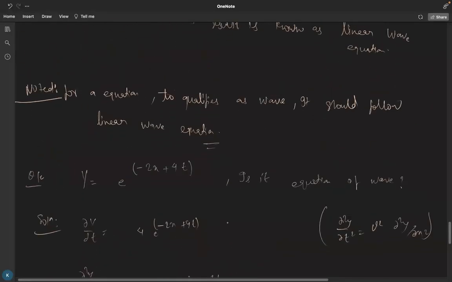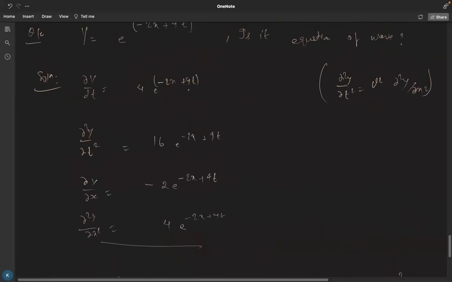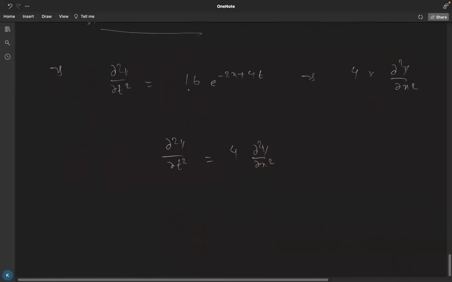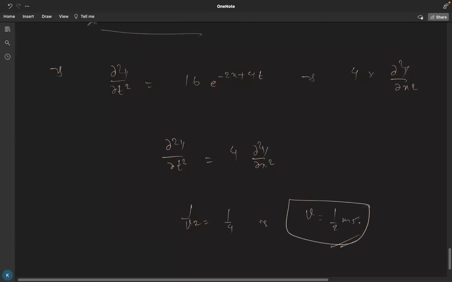If you look at it, the form is t minus x by v, so this gives the velocity of the wave. Here 1/v² equals 1/4, so v equals 1/2 meter per second. I hope this is clear to all of you. We just have to satisfy this.